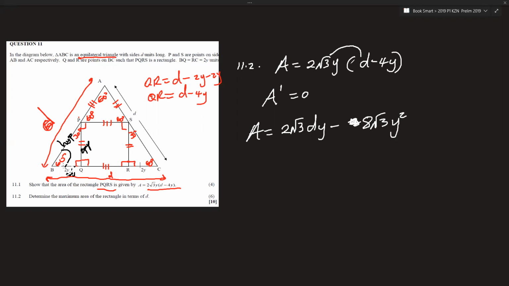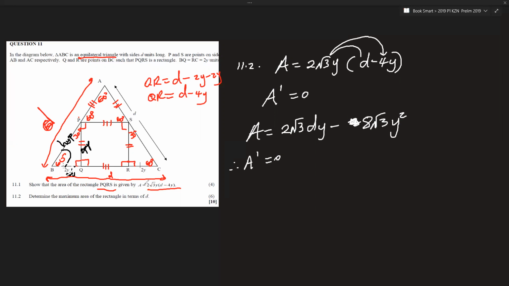So you multiply this and that, it will give you this one. Then when you multiply this and that, it is going to give you that one. Now we can do the derivative equals to 0, for maximum. So they say with respect to D, you see, in terms of D.